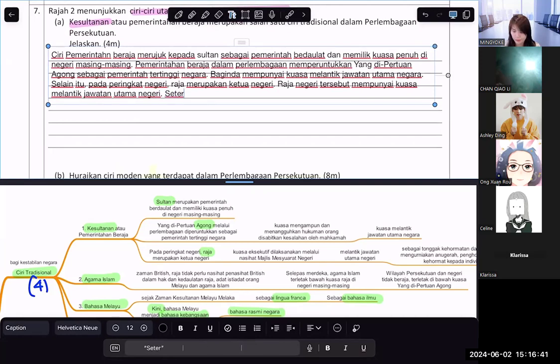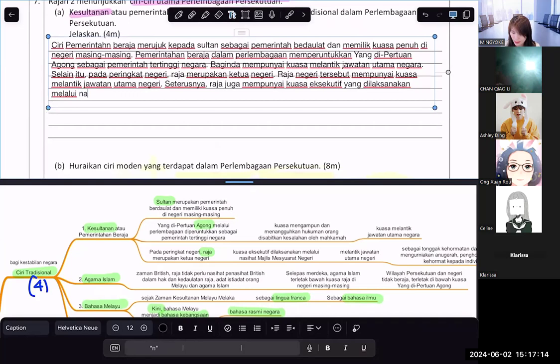Seterusnya, or you can say raja juga mempunyai kuasa eksekutif yang dilaksanakan melalui nasihat Majlis Mesyuarat Negeri.